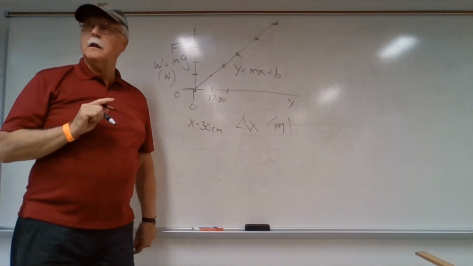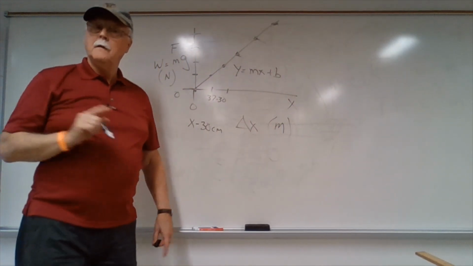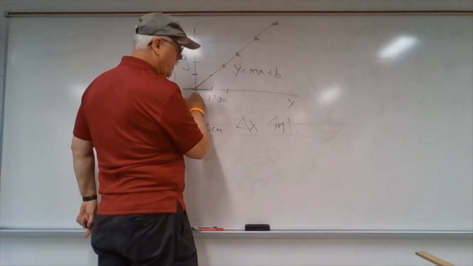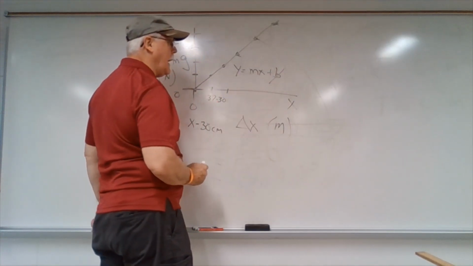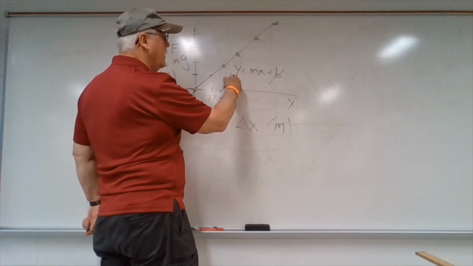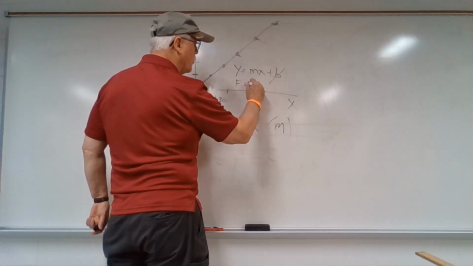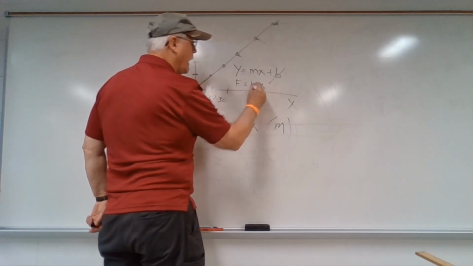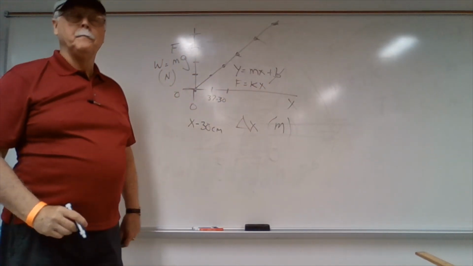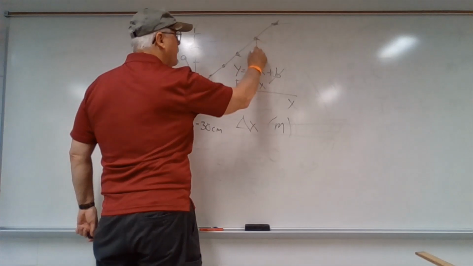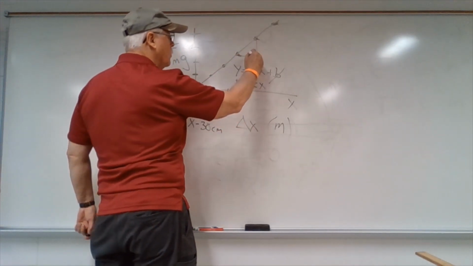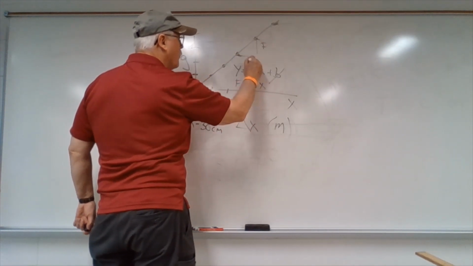Now that I've got the line, I know the intercept is 0, so I can get rid of that. And if this is force equals some constant, we'll call it k, times x, I now have Hooke's law. So the slope, which you know is m, is force over x.